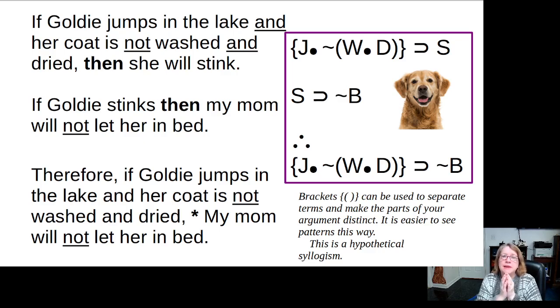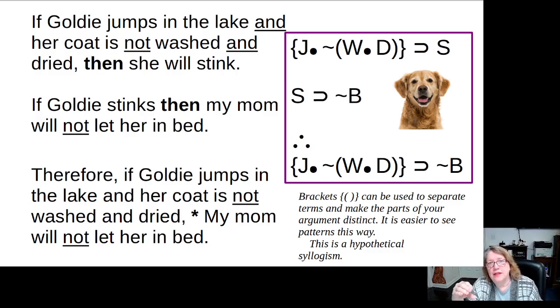This is going to make it easier for you to see everything in this outer bracket is the antecedent. All of that is before the then part. So the antecedent is J and not both W and D. All of that is antecedent.